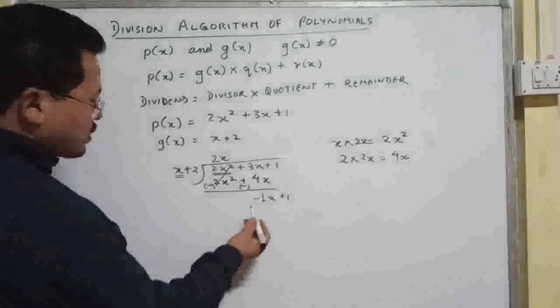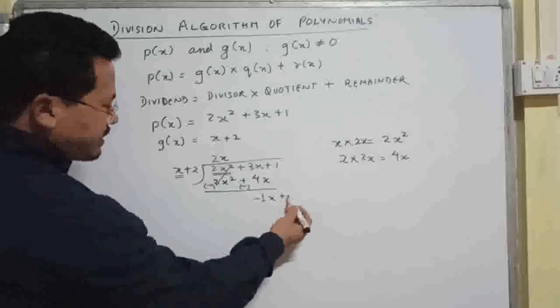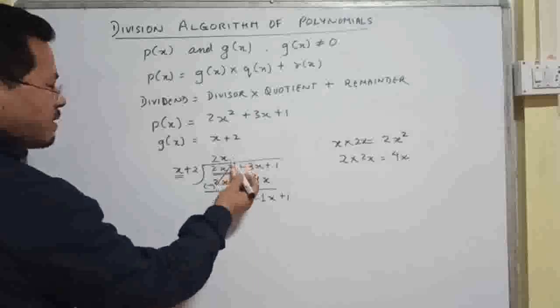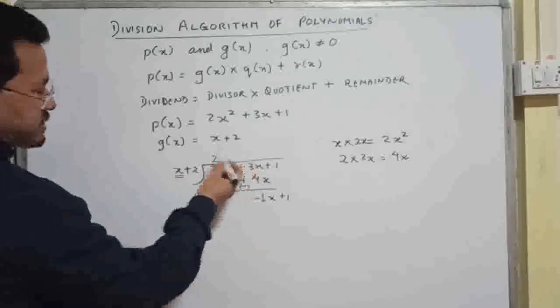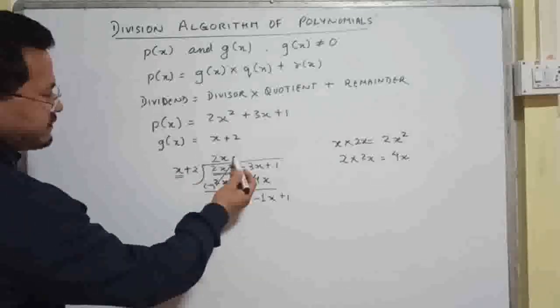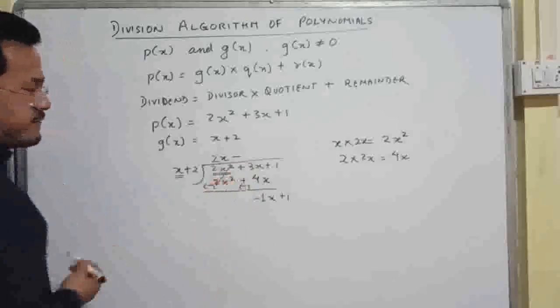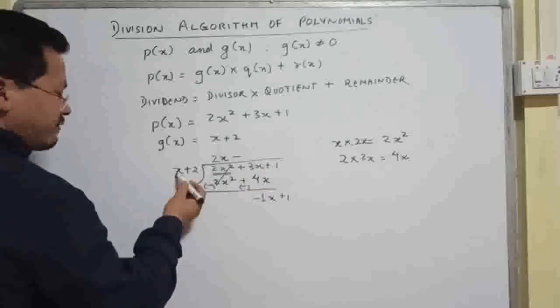Now when we get a negative sign after subtracting in the remainder portion, we always need to put this negative here. If we have a negative here, then we need to put positive here. Since it is positive, we put negative here. Since here is negative, so negative. Now I need to get x only. So we have already x here.